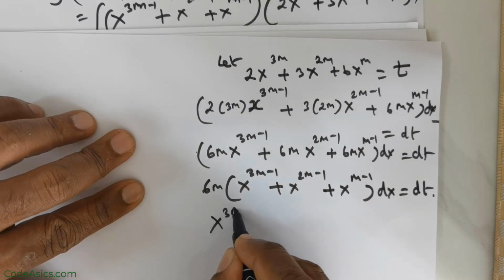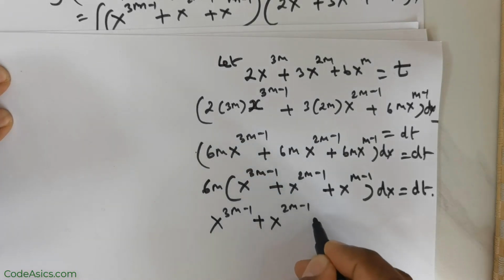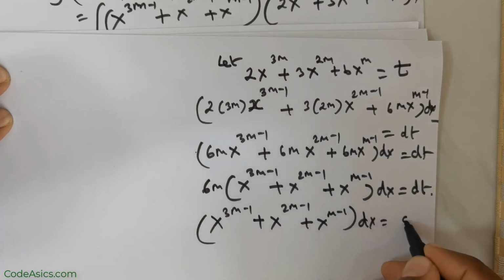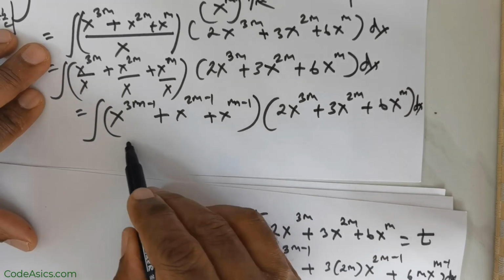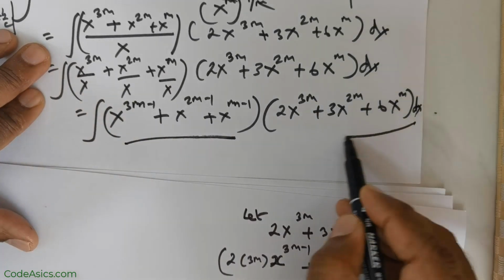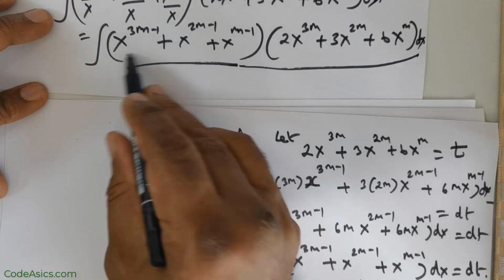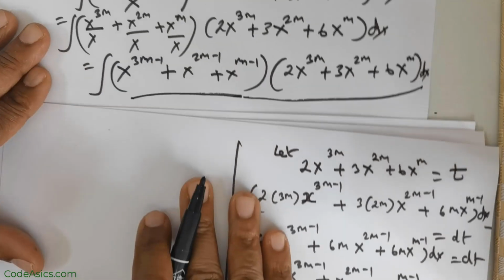So from here, x raised to the power of 3m minus 1 plus x raised to the power of 2m minus 1 plus x raised to the power of m minus 1, times dx is equal to dt divided by 6m. Now clearly you can see I've got this term with dx, so I can always substitute that. So in place of this I'm going to substitute this dt over 6m.